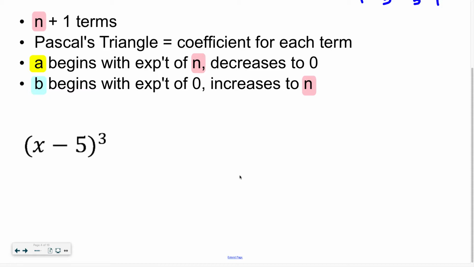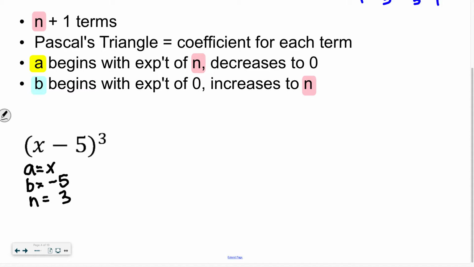Okay, so if you want to, you can label what A, B, and N are. If you feel like that might be helpful to you, you can go ahead and label that. A is x, B is negative 5, so you have to be careful with that. And then your N value is 3. Since I'm cubing it, I should have one more term than that, which will be 4 terms in the end.